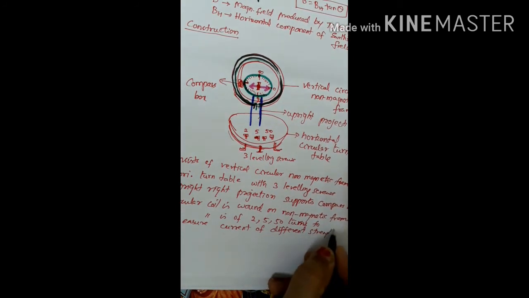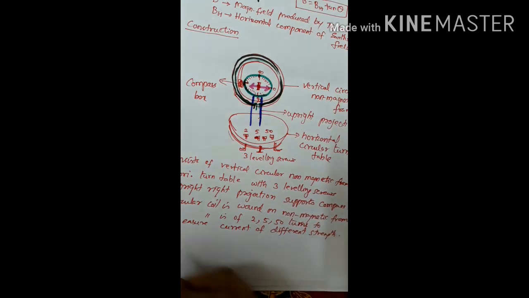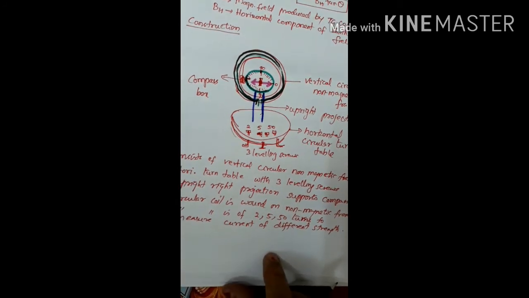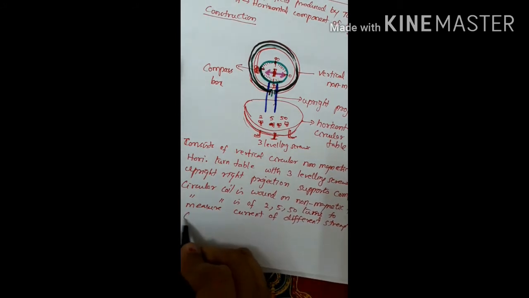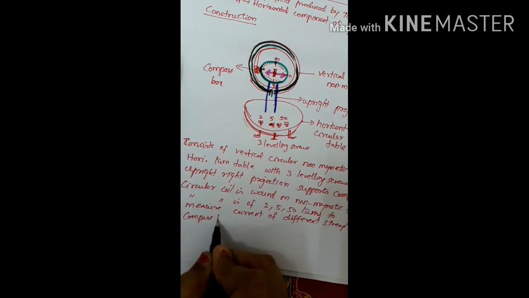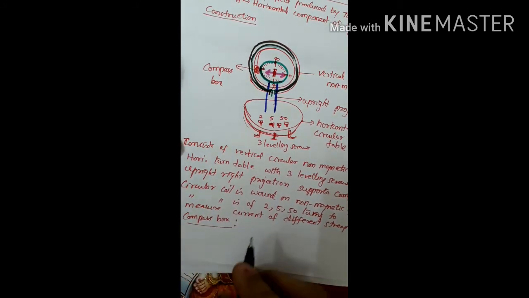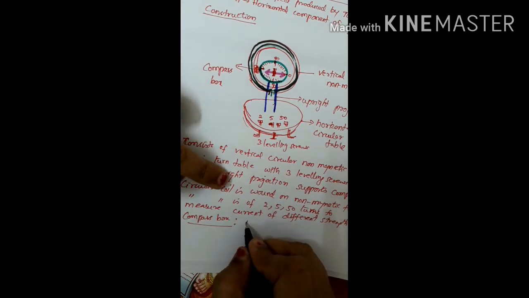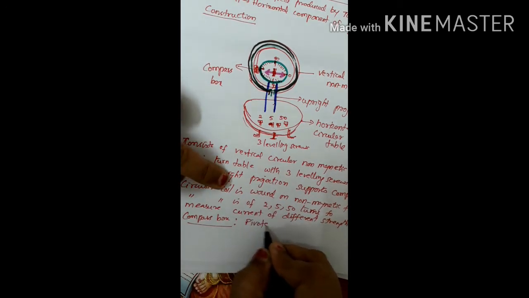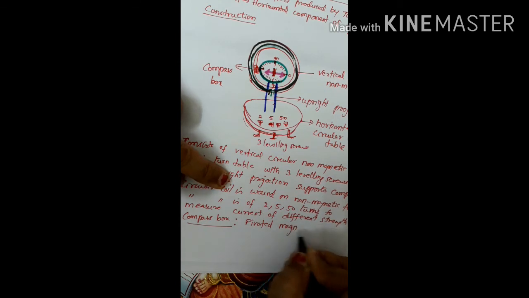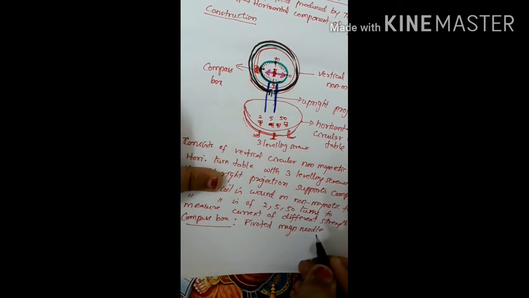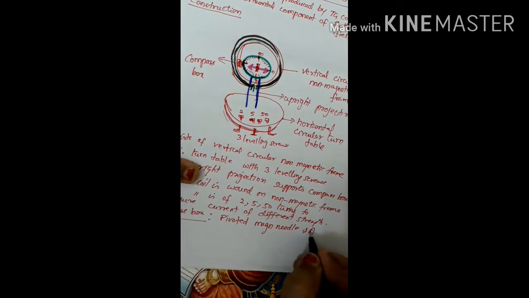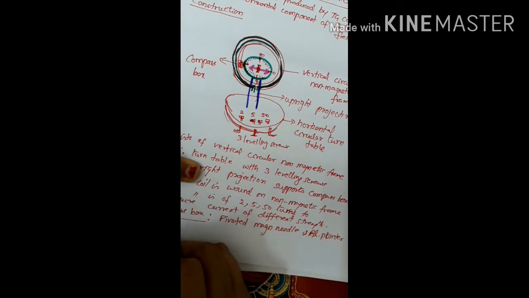What is the purpose of using 3 different coils? Then to explain about compass box, what will you write? Compass box consists of a pivoted magnetic needle and an aluminium pointer, at right angles to each other.